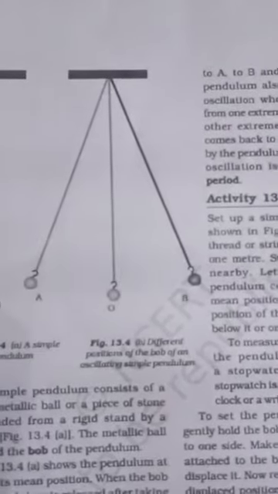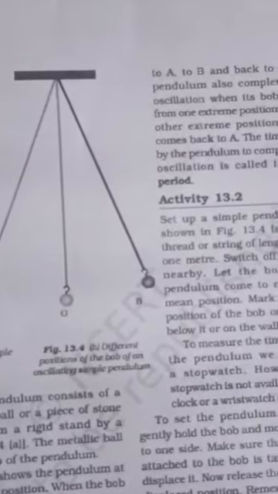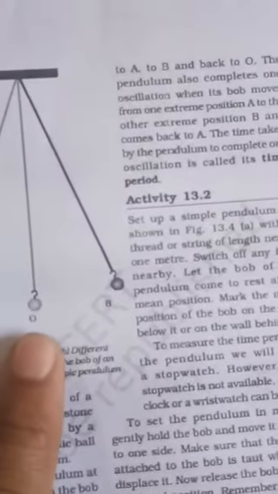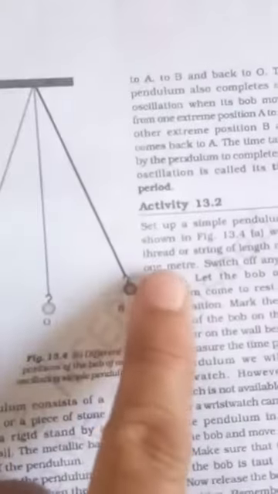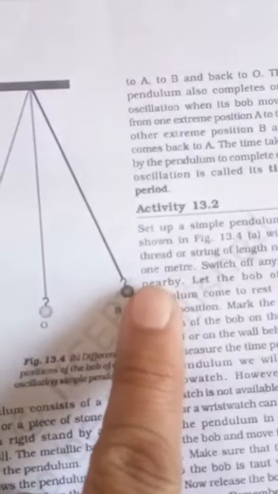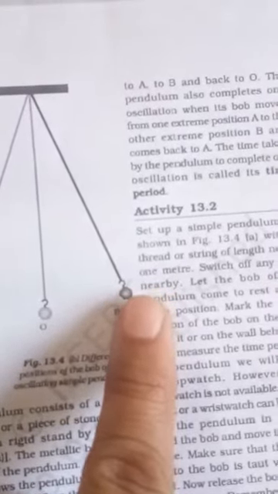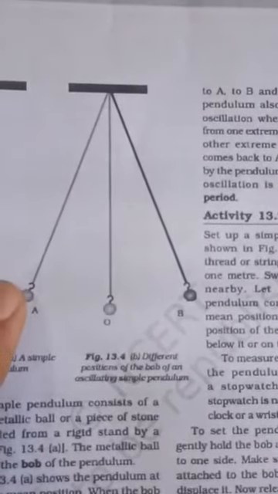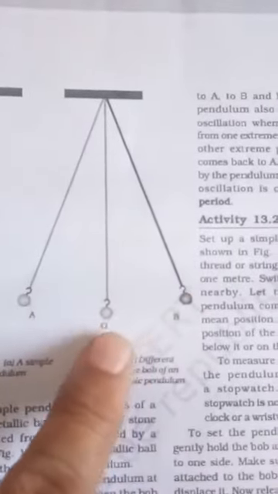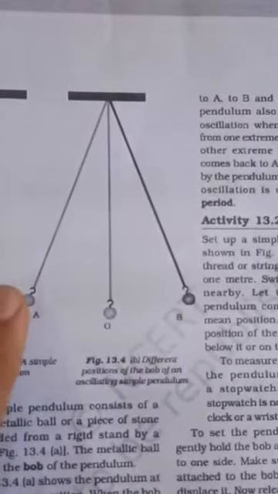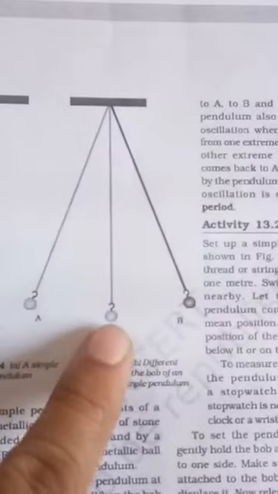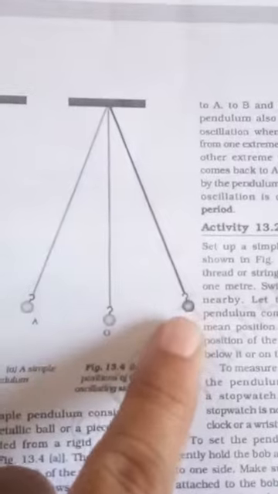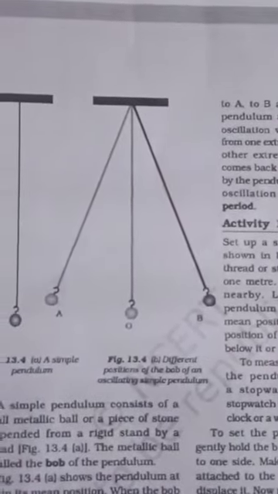When the bob is displaced from its original position, the mean position, to one side, it attains a certain height. When you release it, it oscillates from B to O to A, from A to O, then O to B, and so on.